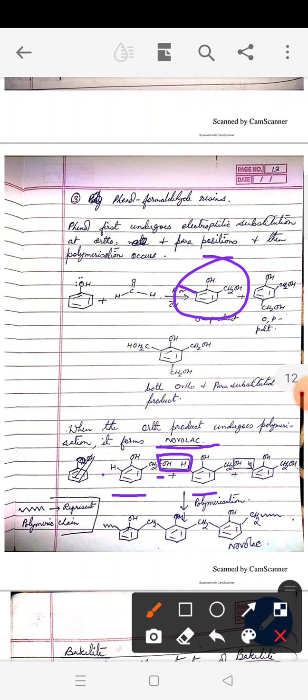Similarly, the OH from the other end combines with a third molecule exactly the same way. OH from this and H from the other molecule, both at the ortho position, they lose water, and at the end of each reaction you have an H at one extreme and CH2OH at the other extreme. So the H can be lost from one end and OH will be lost from the other end. That's why we have shown the polymeric chain by this zigzag line.